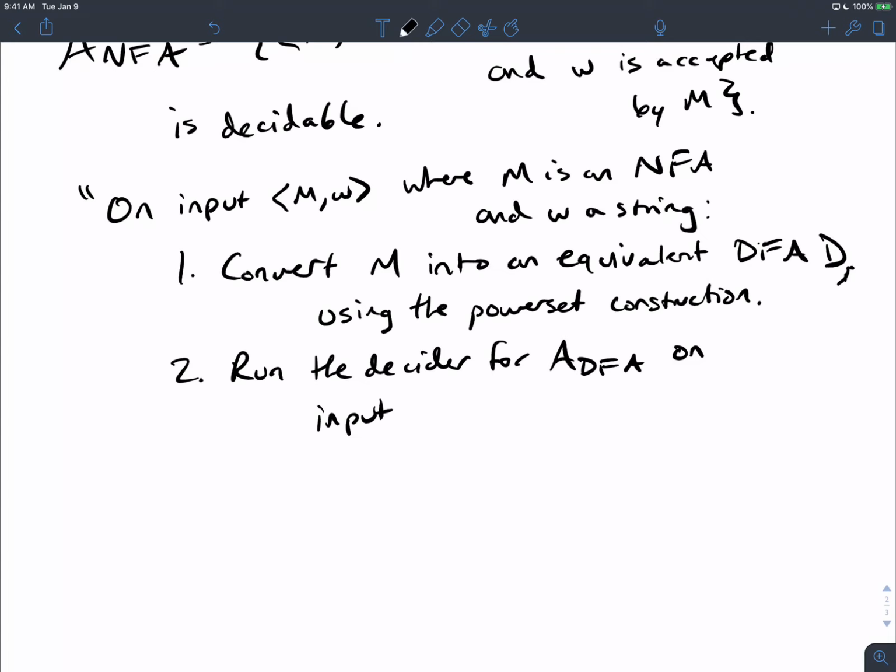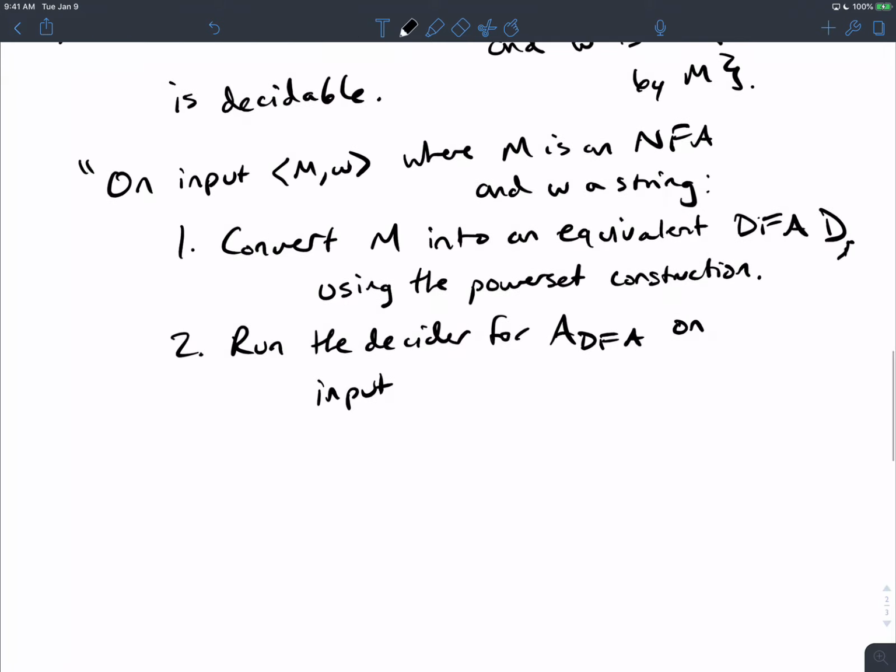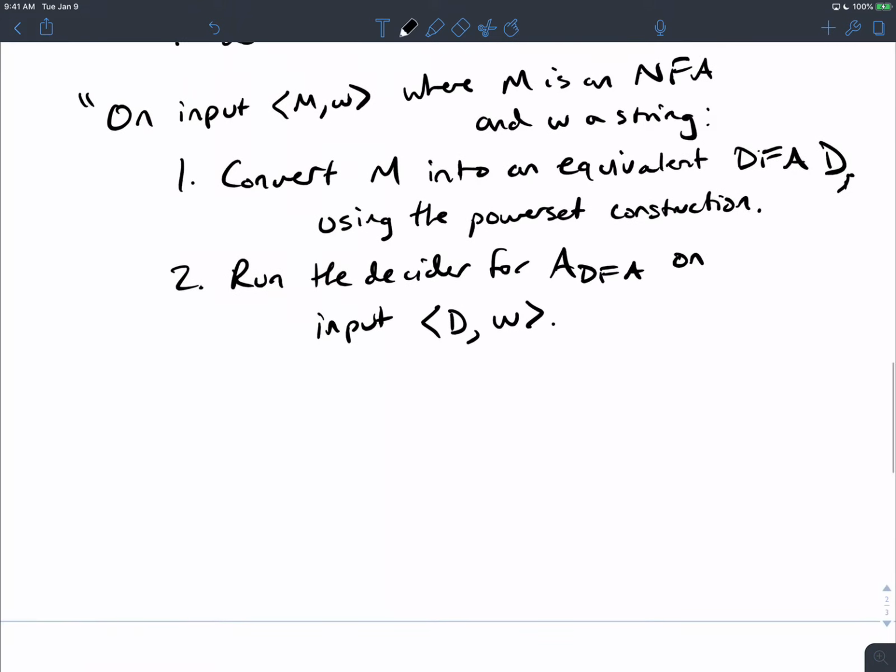I think so. The reason why I'm asking that is that when we get to A sub TM later, probably today, the input is not going to necessarily be the input that we're given. So it's going to change. But here it's really simple. It's just the DFA that we made and the original string input that we're given.